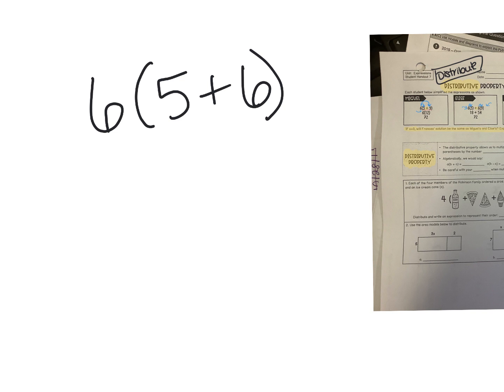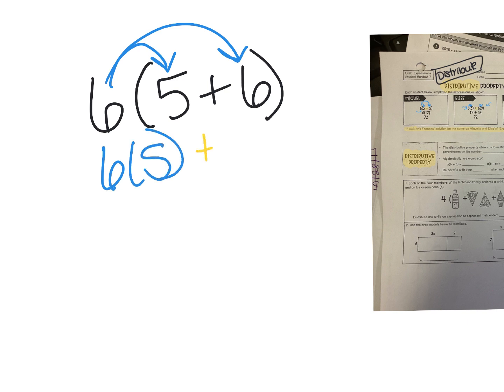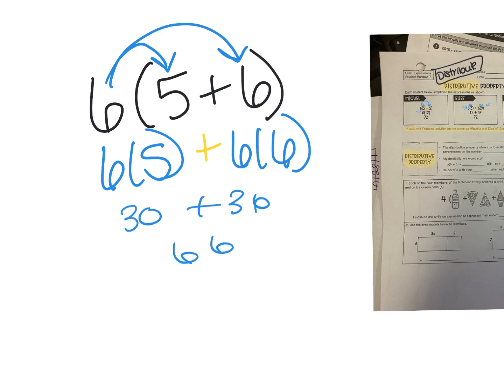So pretend that you're the 6 and you have to go make sure that you hand out that piece of paper to everybody in that classroom. The 6 has to go to the 5 and the 6 has to go to the 6. So 6 times 5 plus 6 times 6. That is called the distributive property. So that'll be 30 plus 36 is 66.